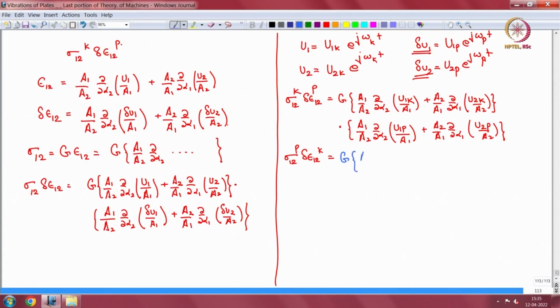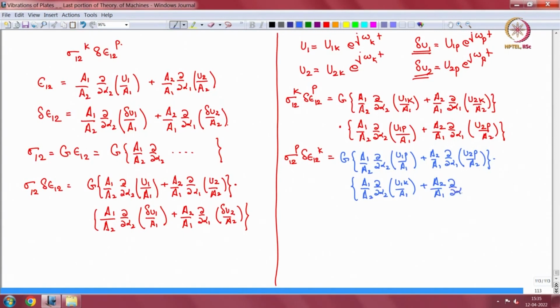G, A1 by A2 del alpha 2 U1P by A1 plus A2 by A1 del alpha 1 U2P by A2 into A1 by A2 del alpha 2 U1K by A1 plus A2 by A1 del alpha 1 U2K by A2.